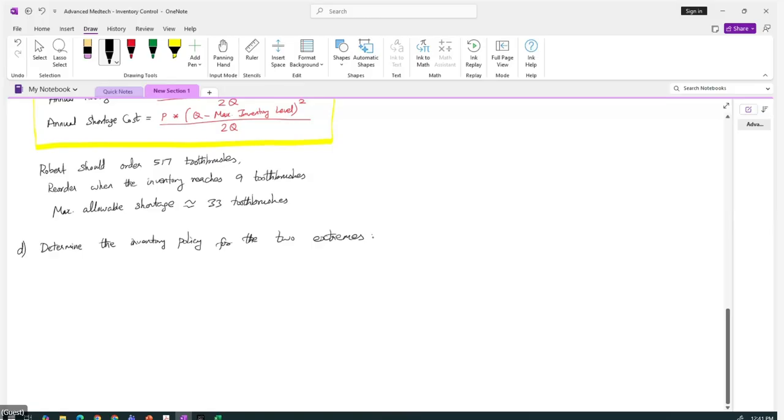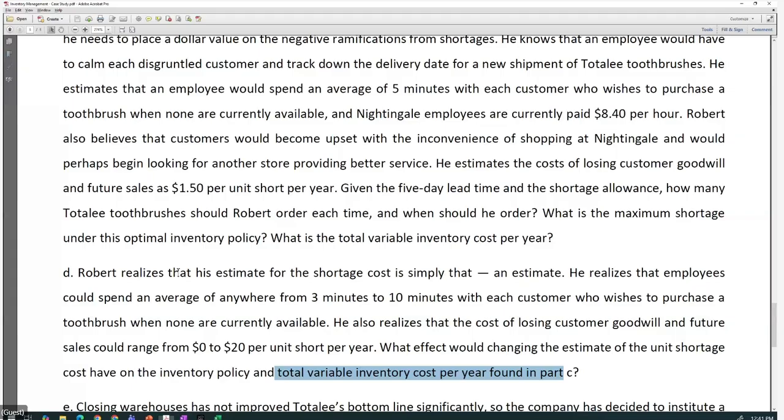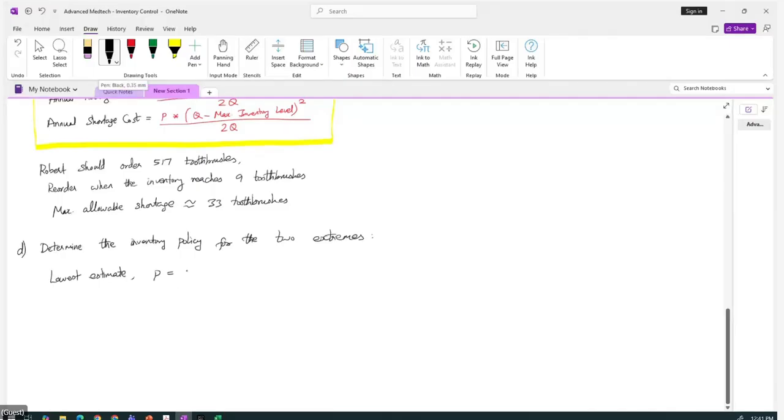Right? There is a lowest estimate. In that lowest estimate, what was P? I hope you remember the scenario. What was the lowest possibility? $0 plus each person spending 3 minutes. 60 is the total number of minutes.